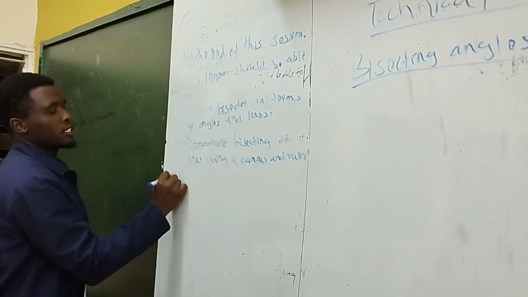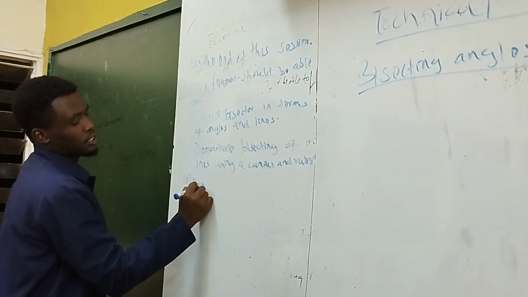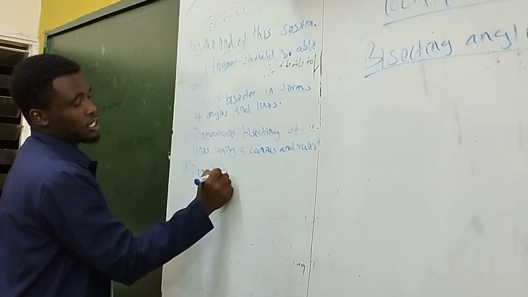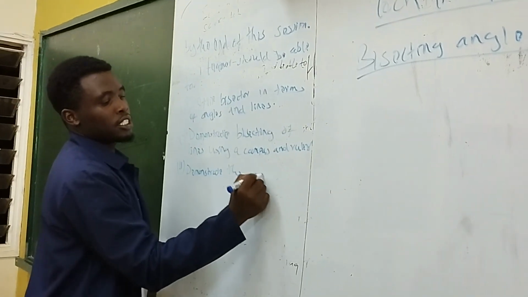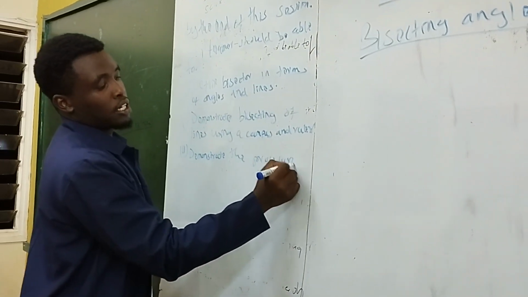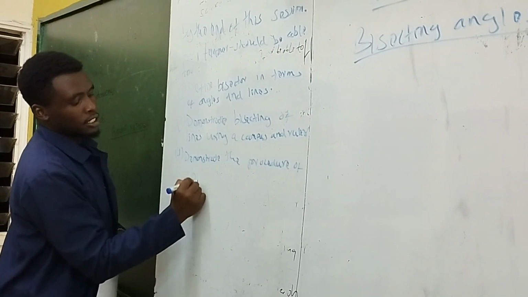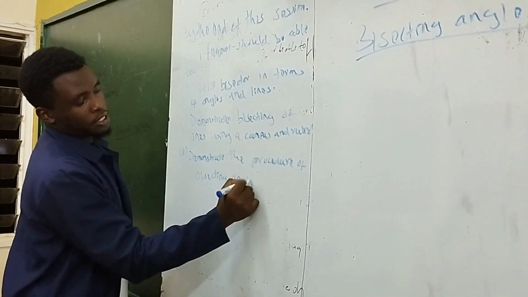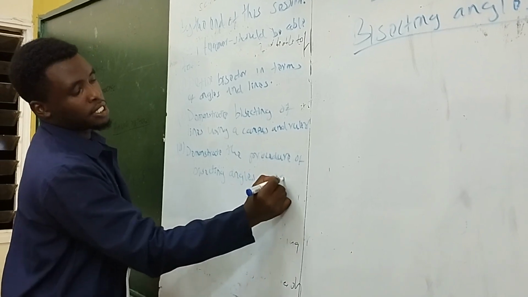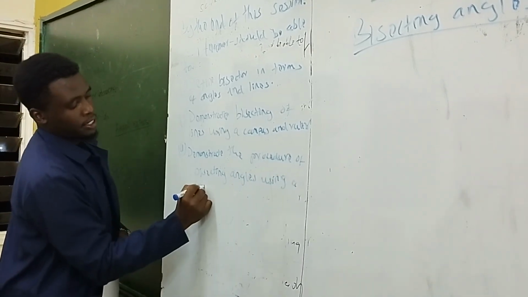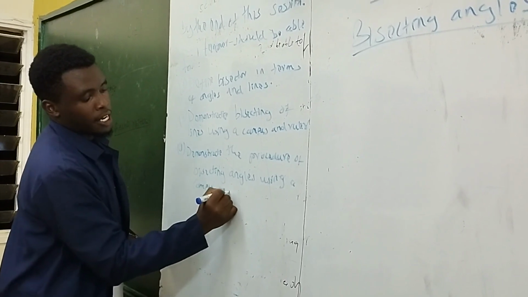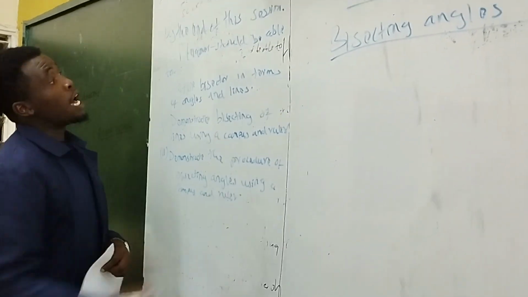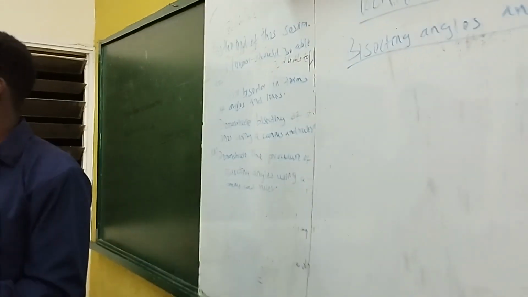Number three, demonstrate the procedure of bisecting angles using a compass and a ruler. So I hope you came with your drawing instruments.